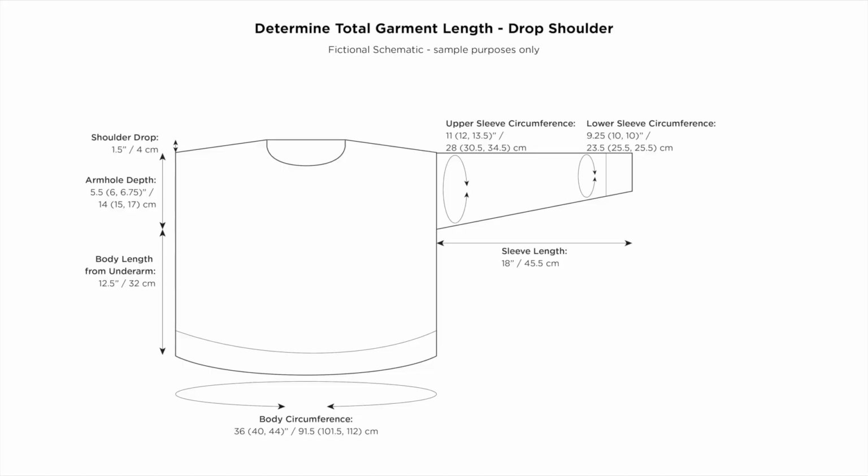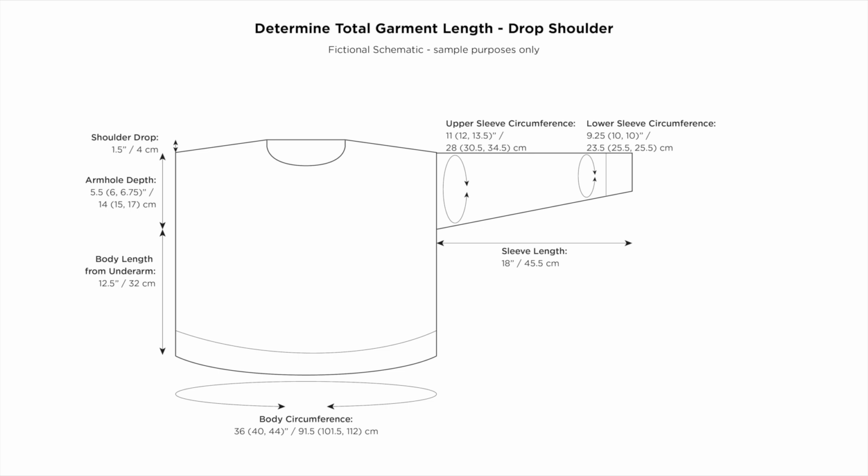All that to say, to find the total back length for a drop shoulder sweater, it's fairly easy. You're going to simply add up the length of the underarm to hem, the armhole depth, and the shoulder drop or the short rows. So let's just use size 1 as the example for this one.